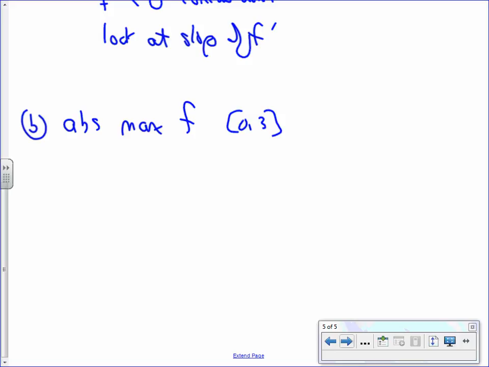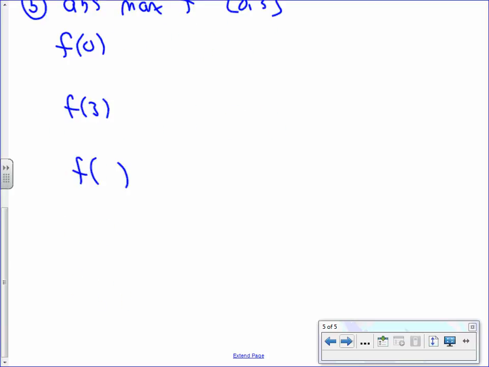Before that, endpoints. I want you to go to endpoints first. f of 0, you've got to figure out how to find it. You've got to figure out how to find f of 3. And then you have to find f at the critical points, where f prime changes from what? Positive to negative, because we're doing max.